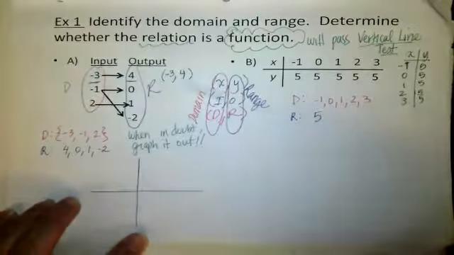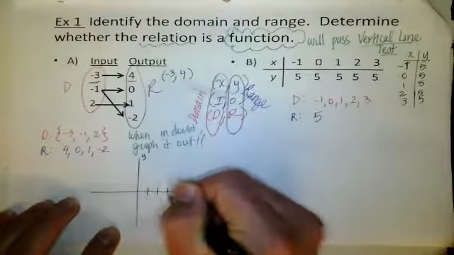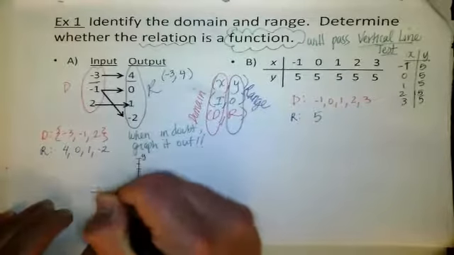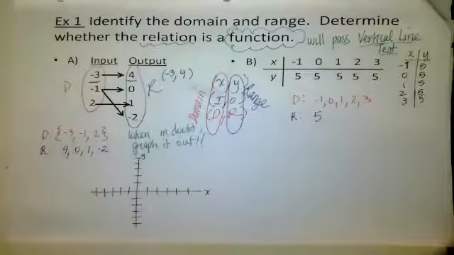So I'm just going to make a little XY coordinate plane and just do 1, 2, 3, 4, 5 little tick marks on each axis. This is what I call a chicken scratch graph. You see the chicken scratches? Yeah, okay. So real easy, real fast, and it's a great quick tool to figure out if something is a function.